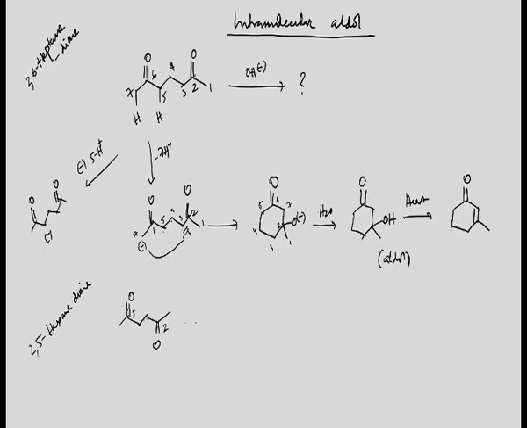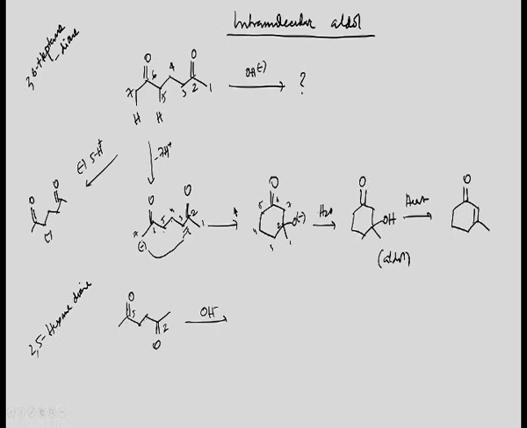So here if you put the sodium hydroxide, this will get deprotonated here also, because this will generate a 3-member ring, but this will generate a 5-member ring, and similarly you get this compound.